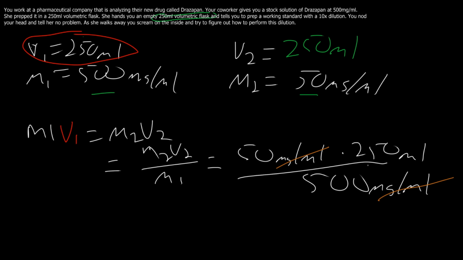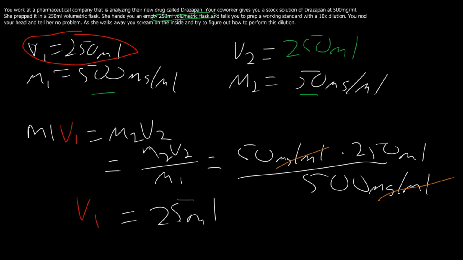And then I just plug the math problem into my calculator. So I have V1 equals 50 times 250, and then divided by 500. And when I plug into my calculator, I get 25 milliliters. So V1 equals 25 milliliters.